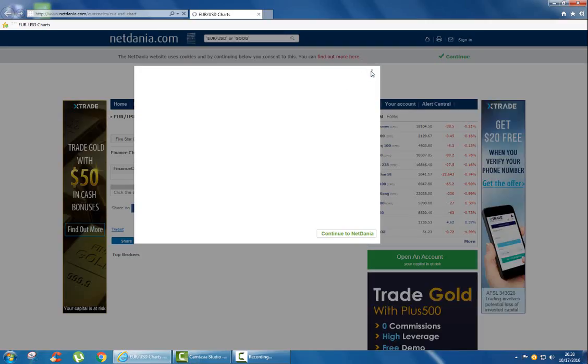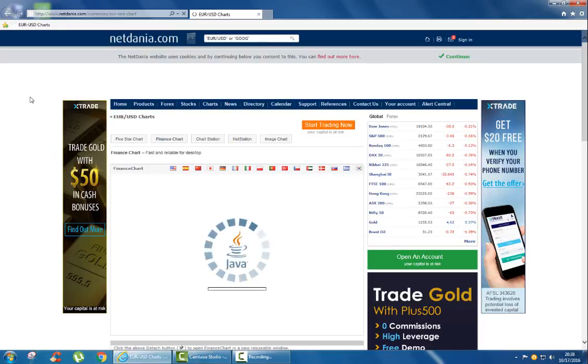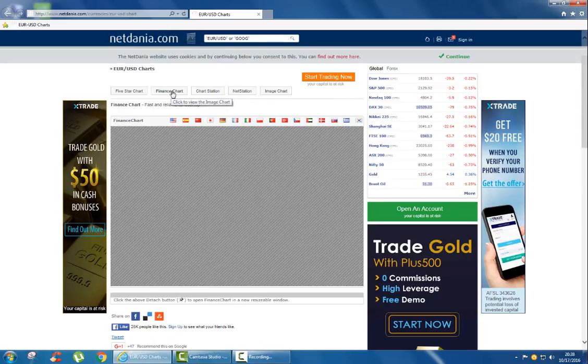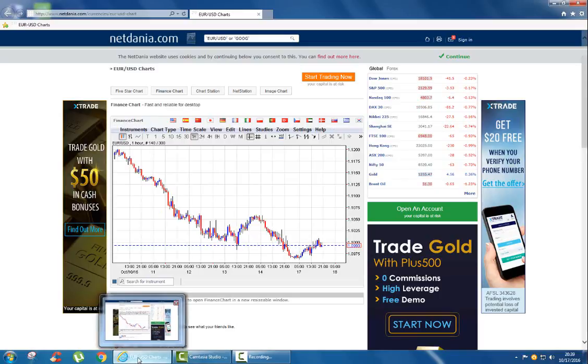Once the chart opens, remember, you will have to open the chart in Internet Explorer, and you will be required to have Java installed in your PC, and then you will have to click on the finance chart, and when you do that, a chart will open. It will take some time since the Java application is loading, and now as you can see, the chart has loaded.